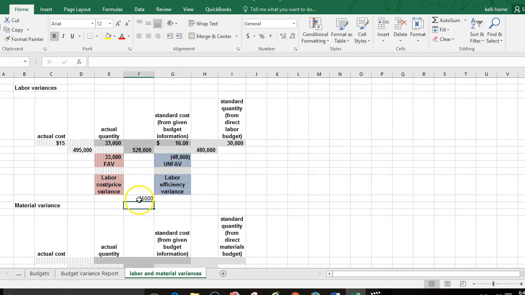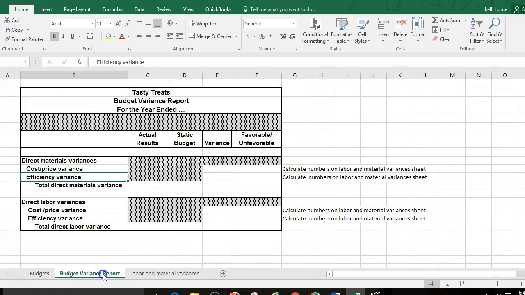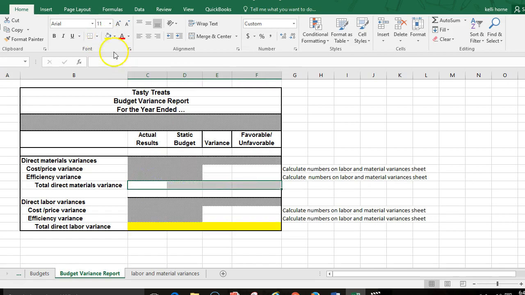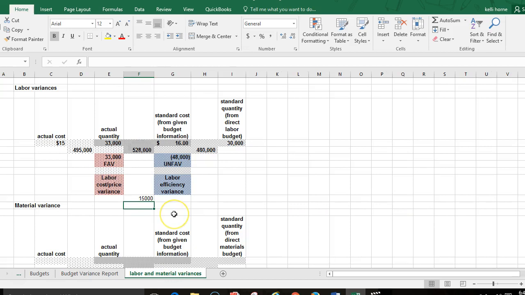Then we want to come over to our report here and enter that information. So right here, across the bottom, you enter your actual results for your direct labor. Your actual results are right here.